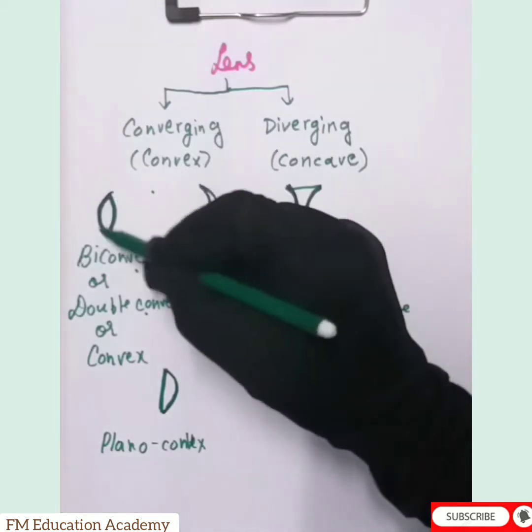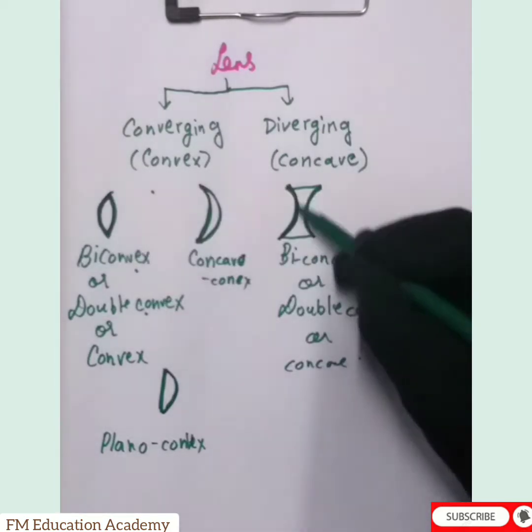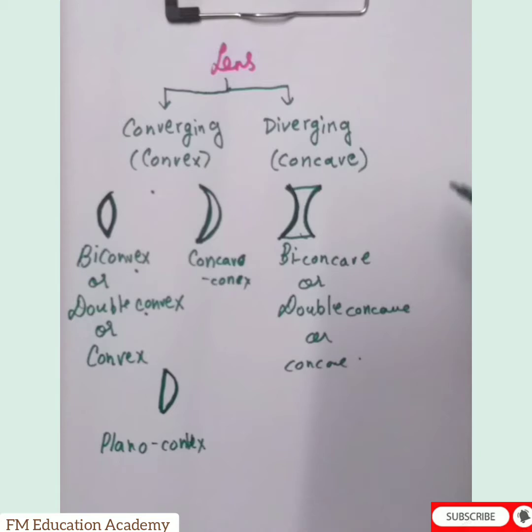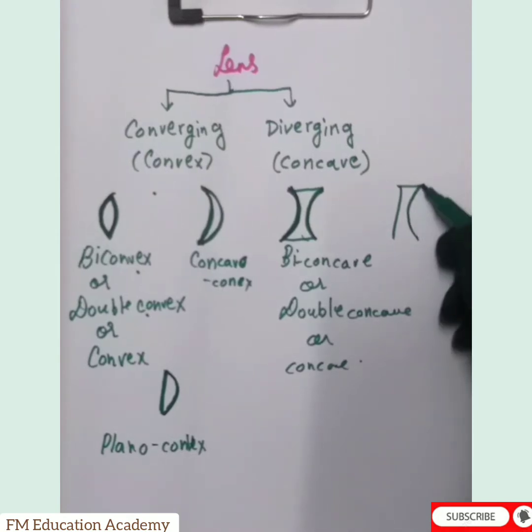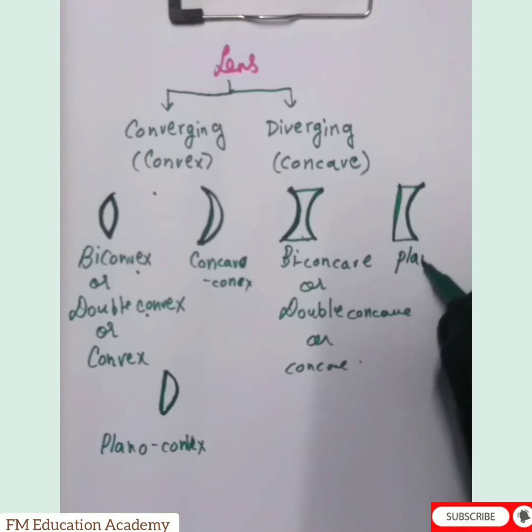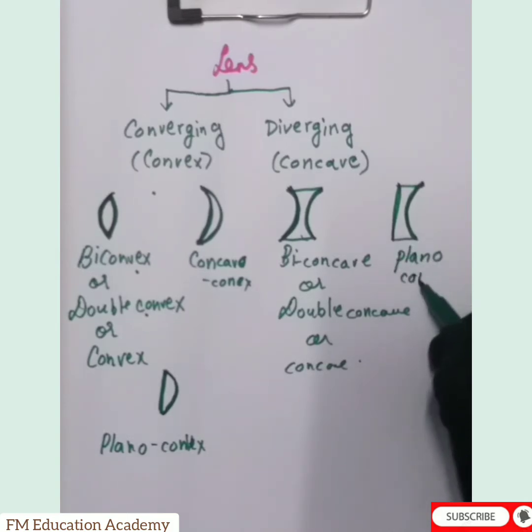Here they are bulging outwards in case of convex, but in concave they are bulging inwards. Now the second type of lens we have is similarly the plano-concave lens. So this is my concave surface like this, which is bulging inwards, and this is my plane surface. That is why the second type of lens is called a plano-concave lens.